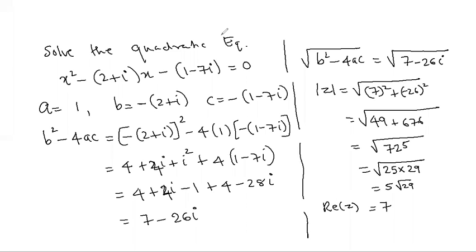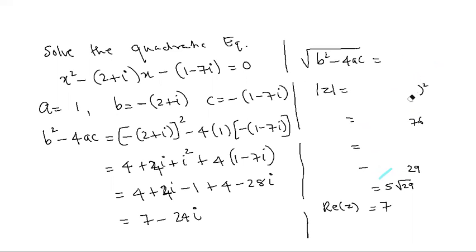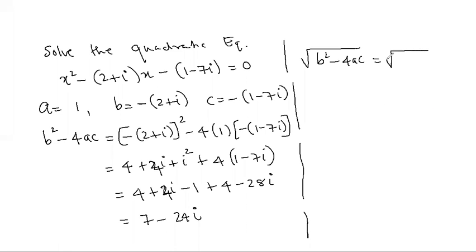Please correct it. Why didn't you tell me? It's confusing. So this became 24 square, 576. So 25 will come. So that became square root of 7 minus 24i. So now we will write 49 plus 576.